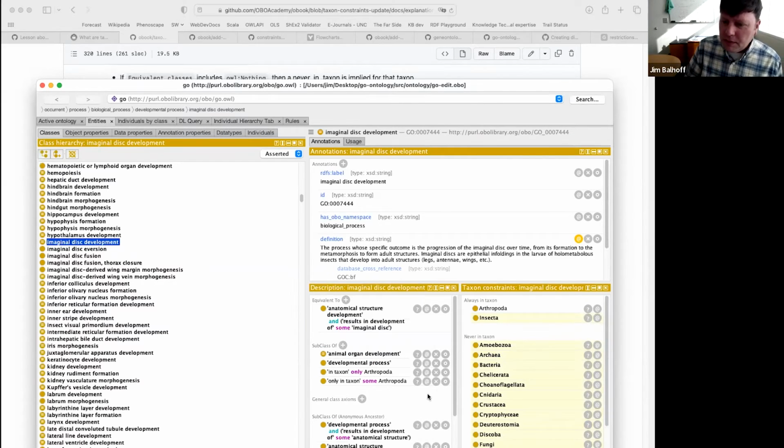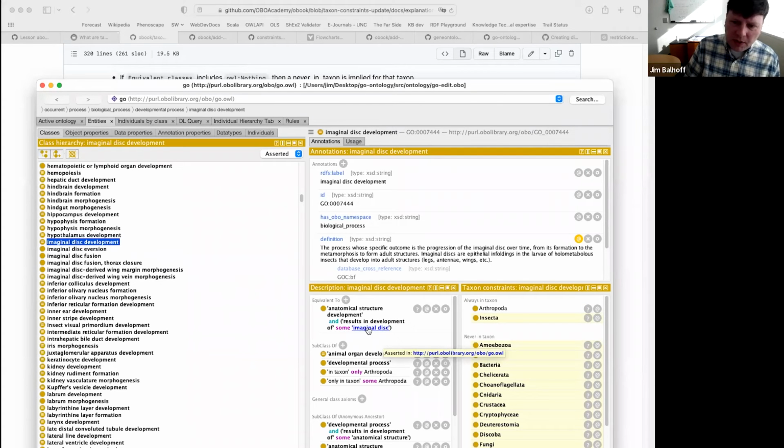And so now you can see it has two sections, always in taxon and never in taxon. You see this one up here, arthropods. It's not yellow because that's a directly asserted taxon restriction. So that's right here. But the yellow ones are what the reasoner has inferred. And so it actually infers that it's always in insects. So that's more specific than the one that's here. And that's coming from some other terms that it must be related to.